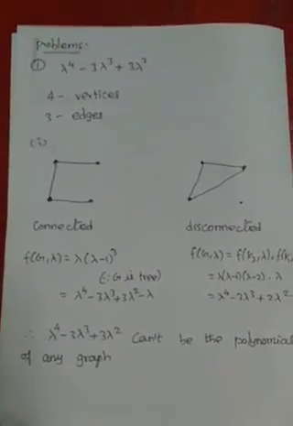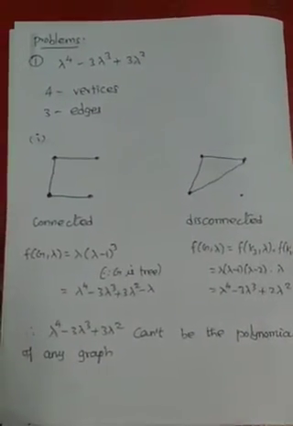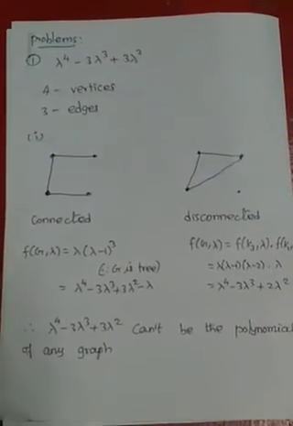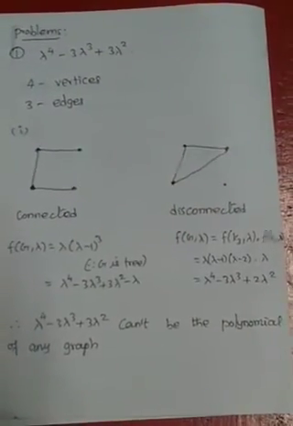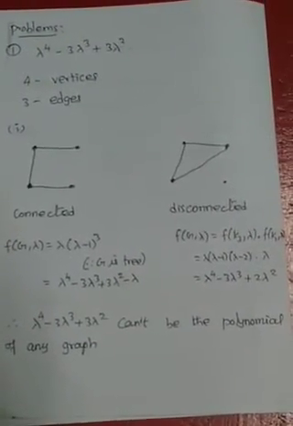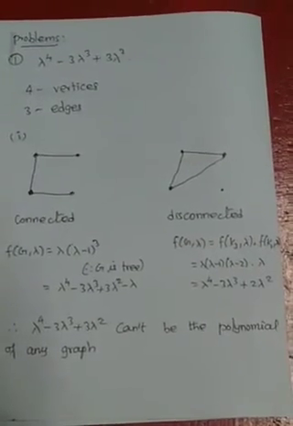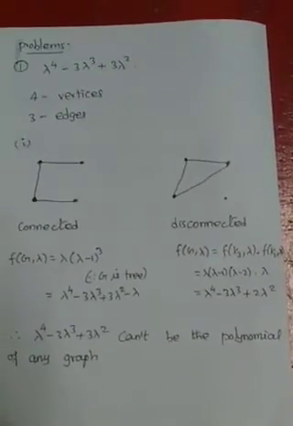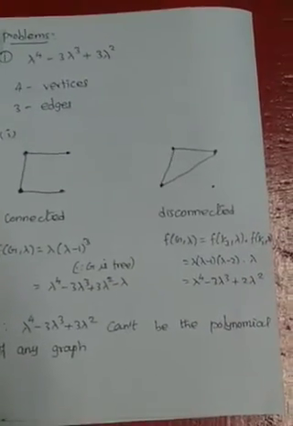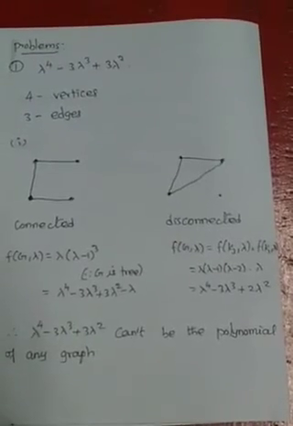Okay, so the second case is that it may be a disconnected graph like that. It has 2 components: one is K3, and the other we take as K1. For K3, we already know the formula: lambda into lambda minus 1 into lambda minus 2. For f of K1 comma lambda, it is simply lambda.